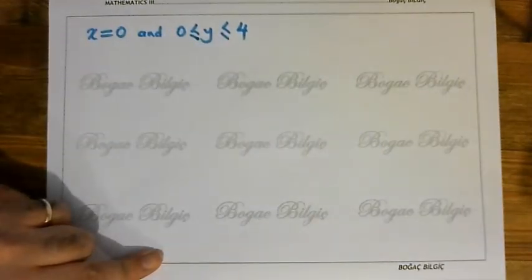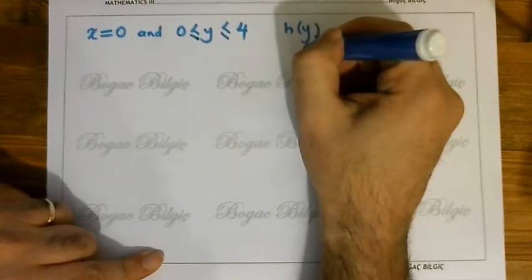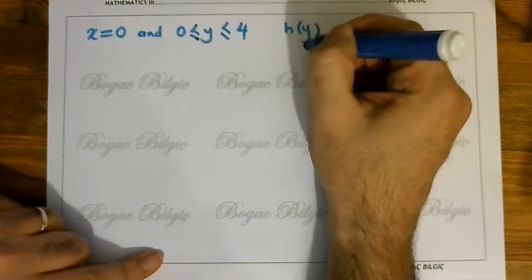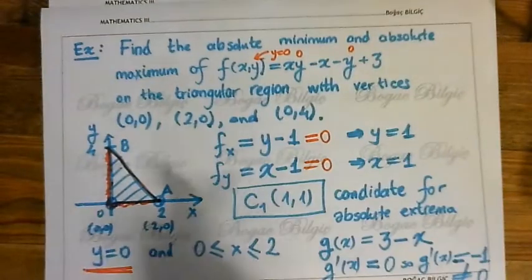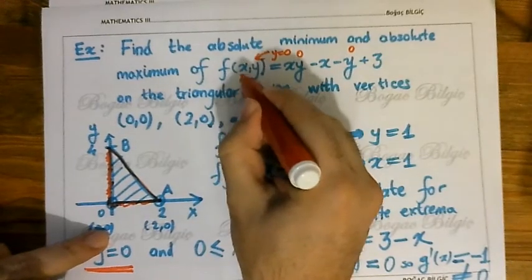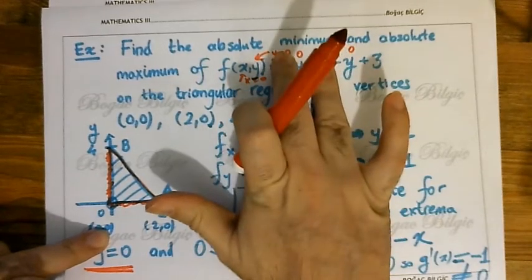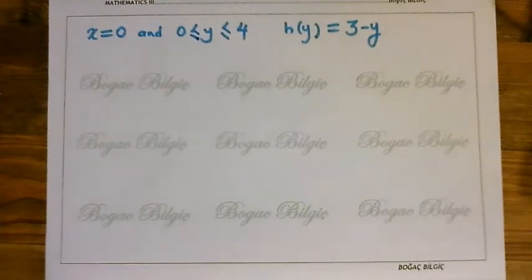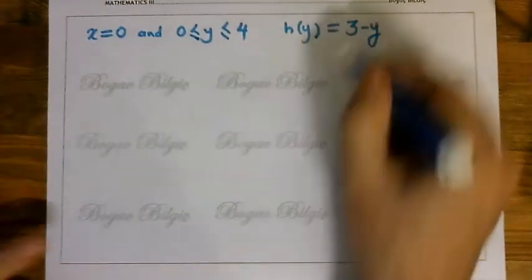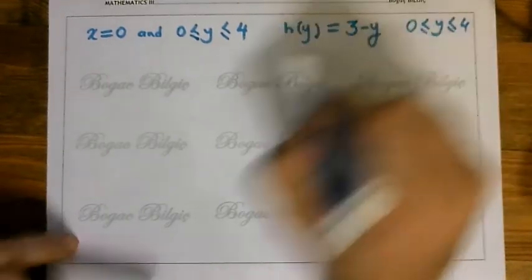On this boundary, we use the function h(y) in place of f(x, y). h(y) is equal to 3 minus y, because now we write x is equal to 0. f(0, y) is 3 minus y, and y is bigger than 0, smaller than 4.